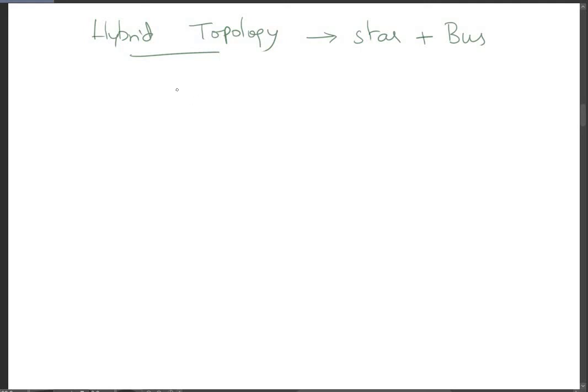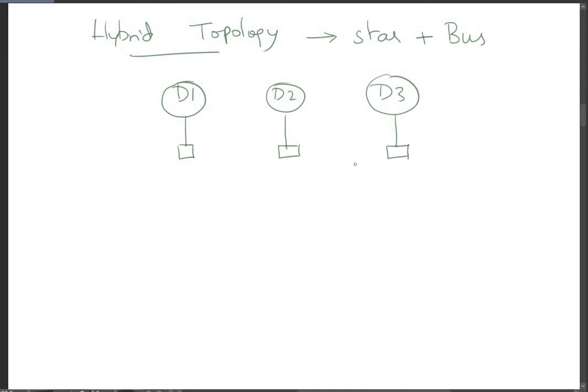Here also we can use stations or devices. This is D1, D2 and D3. Three devices are here. These three devices are connected through repeaters. Here also every device has its own repeater. Then we have D4, D5 and D6. These three also have their own repeaters.